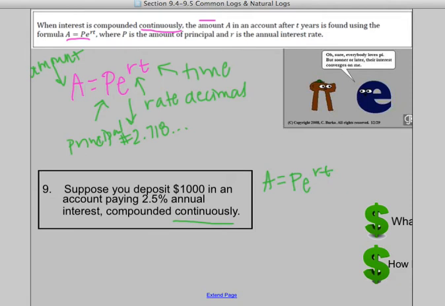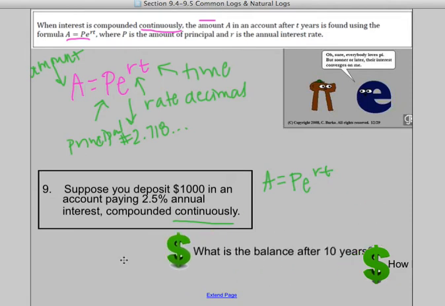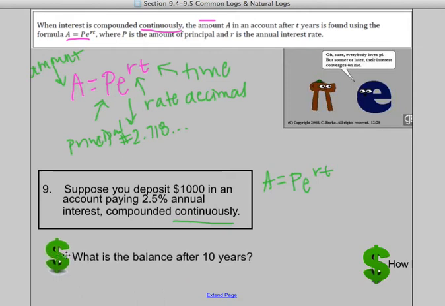We want to know, what is the balance after 10 years? Let's figure out what information I have. We are finding A, the balance, so I don't know what A is. My principal is $1,000, so I just start with $1,000. e is always a number, so e will always be in there.